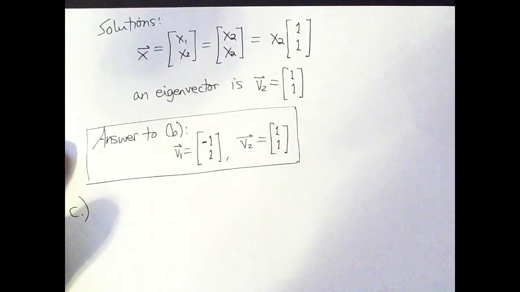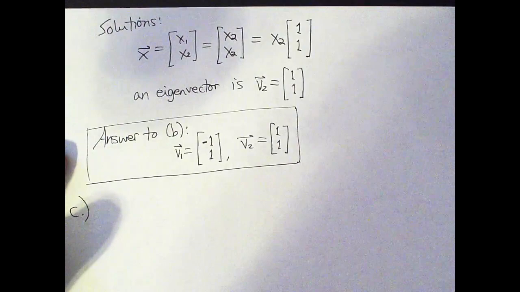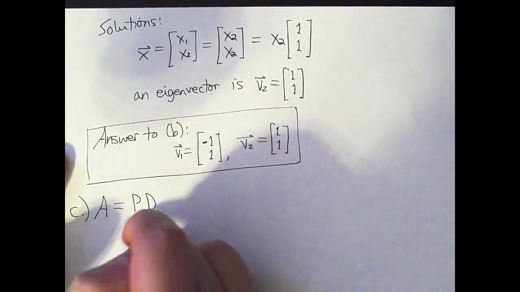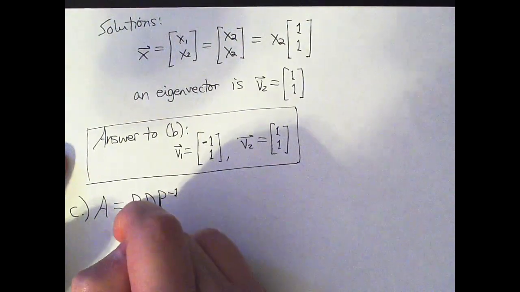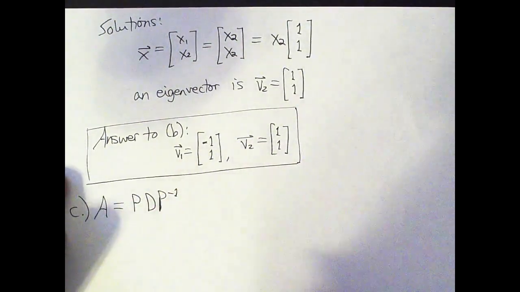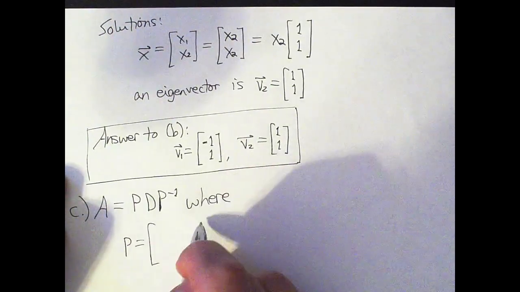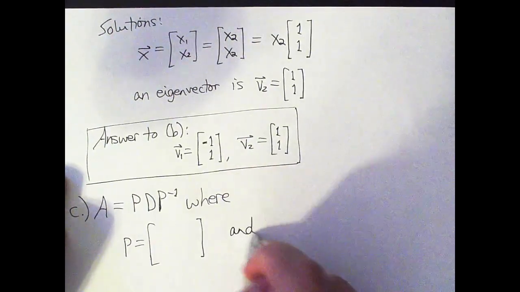So part C asks us to actually finish the diagonalization process. So A equals P D P inverse. We've already found all of the ingredients for it, right? Where P equals and D equals.